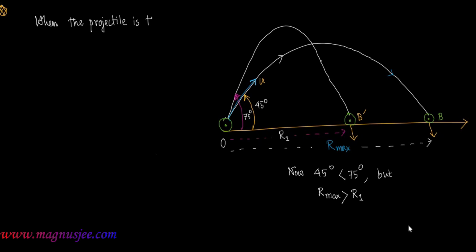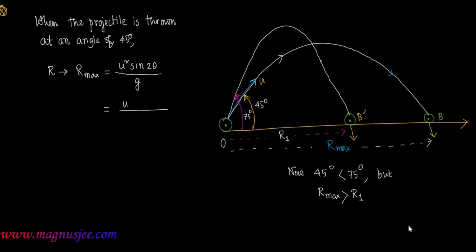When the projectile is thrown at an angle of 45-degree with the ground, then the horizontal range R will be denoted by R max. R max is equal to u square sine 2 theta divided by g, equal to u square sine 2 into 45-degree divided by g, equal to u square sine 90-degree divided by g.